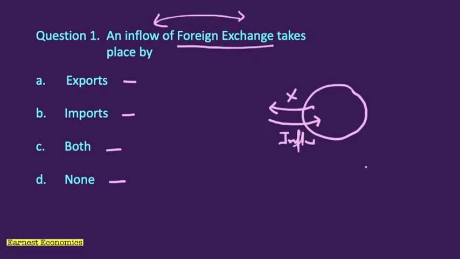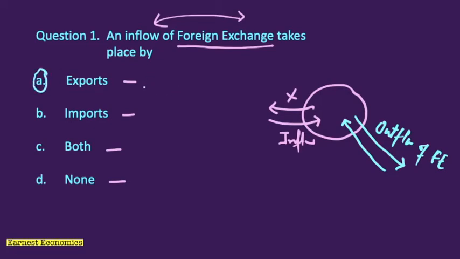On the other hand, if we import goods and services from outside world, it is our country who has to make payment to the rest of the world. So at that time it will be the case of outflow of foreign exchange. So the appropriate answer in this case obviously will be the first one, because exports lead to inflow of foreign exchange as we have explained it here.